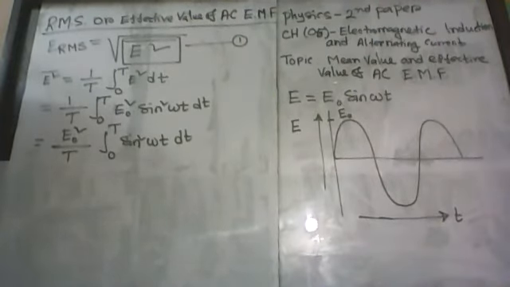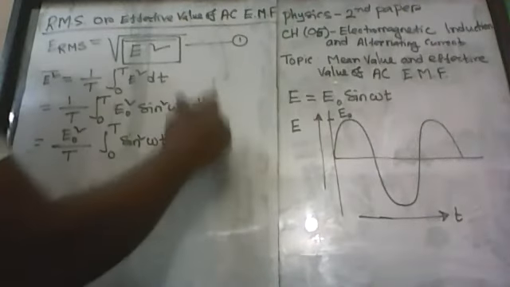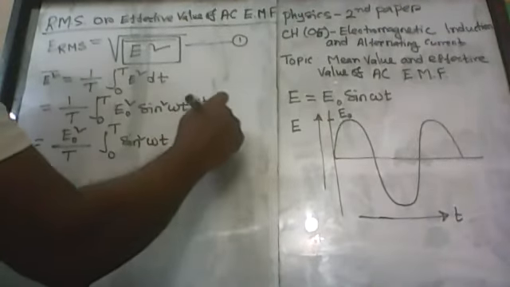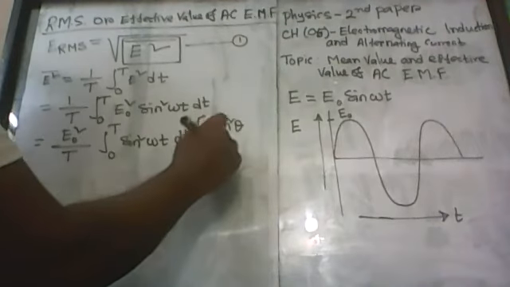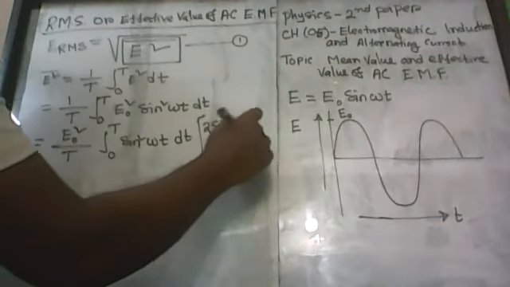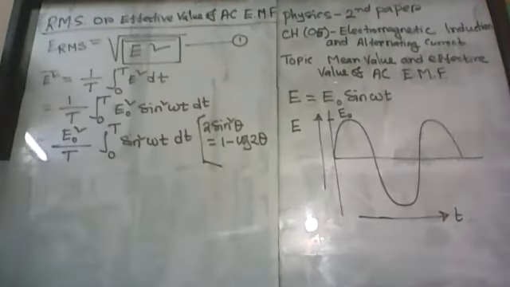How can I convert this? I need the formula 2 sin square theta equals 1 minus cos 2 theta. I'm going to use this trigonometric formula.